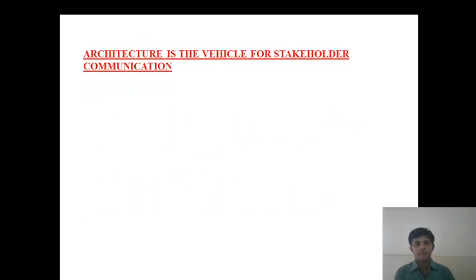Now, the first one: architecture is the vehicle for stakeholder communication. Nothing but between the stakeholders the architecture should be transmitted. Why should architecture be communicated to each and every stakeholder?